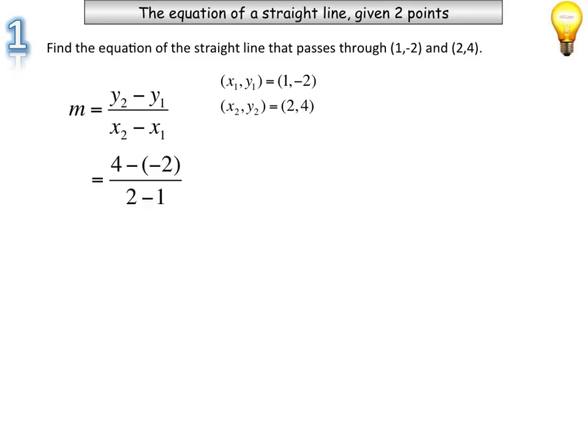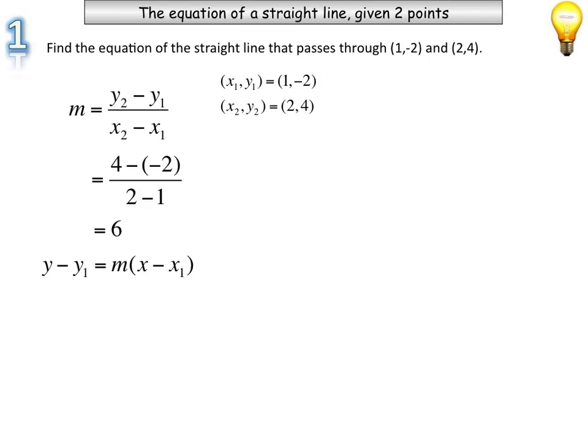Substituting our values in, we get 4 take away -2 all over run, which is 2 take away 1. This works out to become 6 on your numerator and 1 on your denominator, so that works out to become a nice number, 6. So the steepness is a positive number and it's also 6.